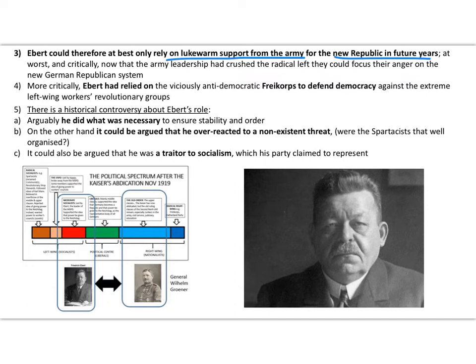But the people who are filling those jobs are only going to give lukewarm support for the republic, because at heart these men are believers in the Second Reich. They are from the political right side of things.